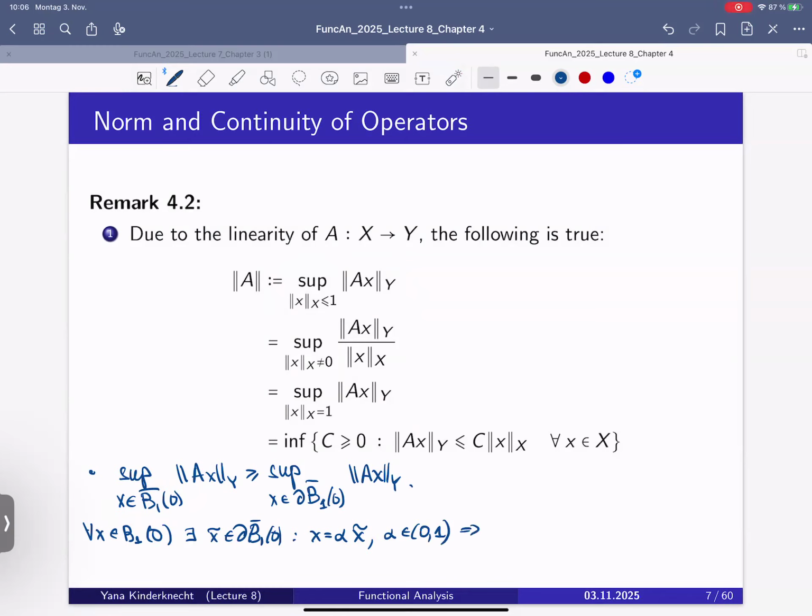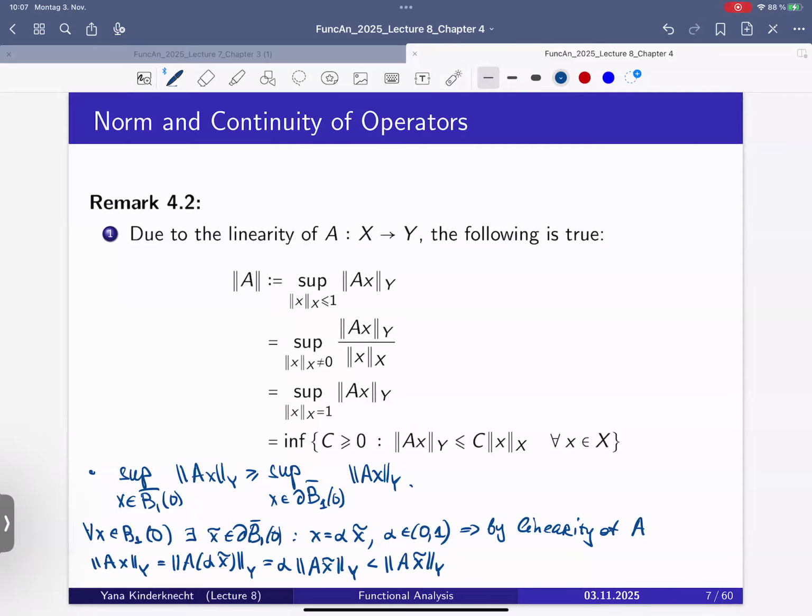Hence, by linearity of the mapping A, the norm of Ax in Y is the same as the norm of A alpha x tilde in Y. And now we use linearity and properties of the norm. This is just alpha, because alpha is non-negative, times the norm of A x tilde in Y. And this is something which is smaller than the norm of A x tilde in Y.